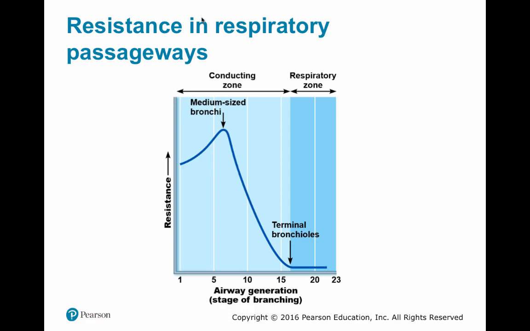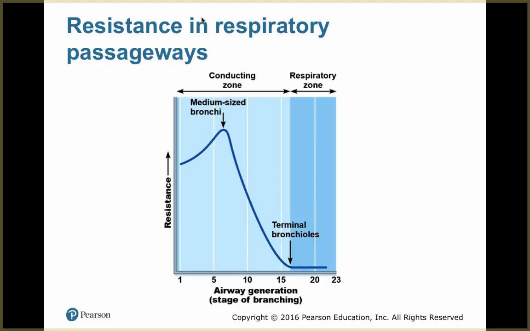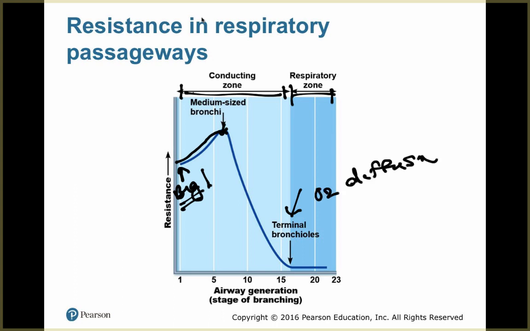And you can see here, right? You have the conducting area, which is the area that oxygen is moving its way through to get to the respiratory area, which is the area where gas exchange is happening. And so we have the largest amount of resistance in that medium area. Obviously not here because they're big, right? Not here because O2 is diffusing into the body, right?